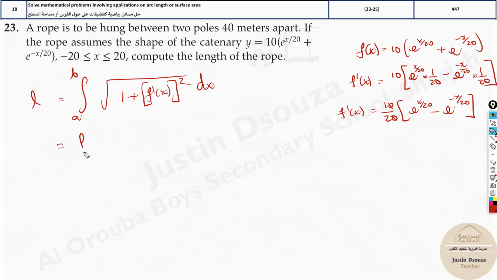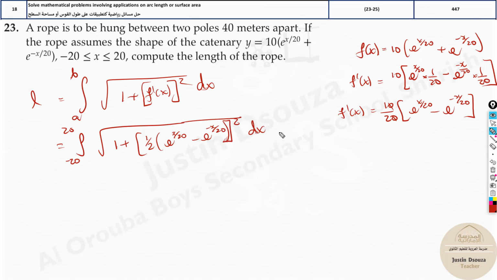And now what are the limits? It's from minus 20 to positive 20, square root of 1 plus half times e to the power x by 20 minus e to the power minus x by 20, the whole square, dx. I hope this is clear. And what we do here is just put it in the calculator.